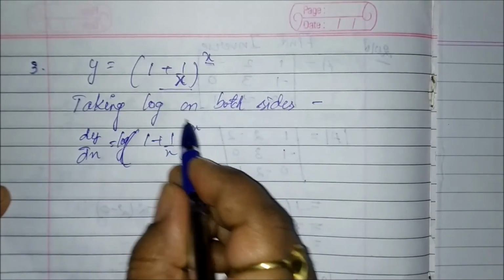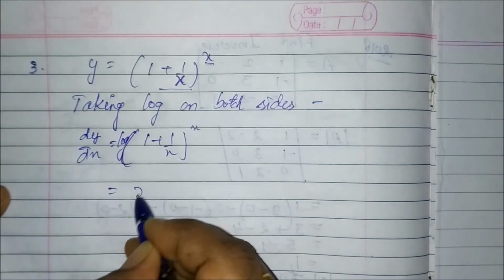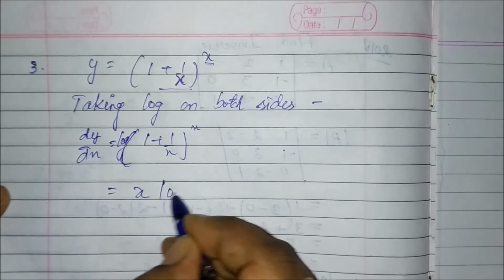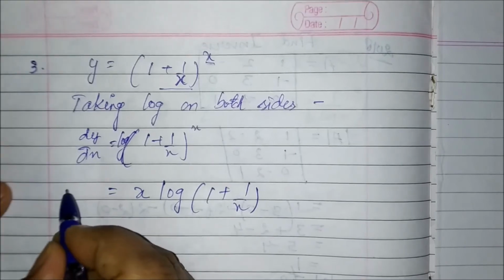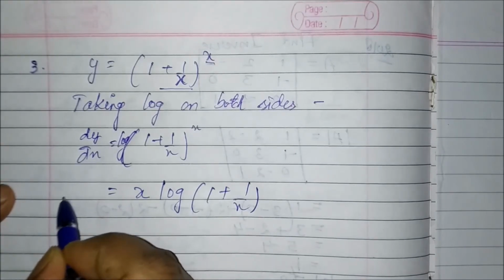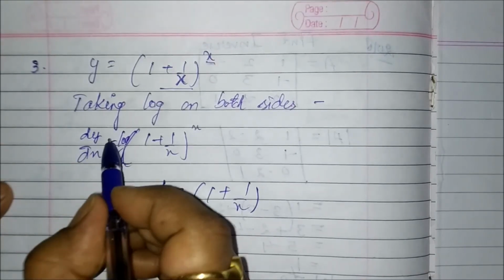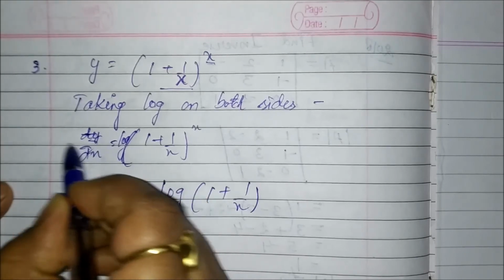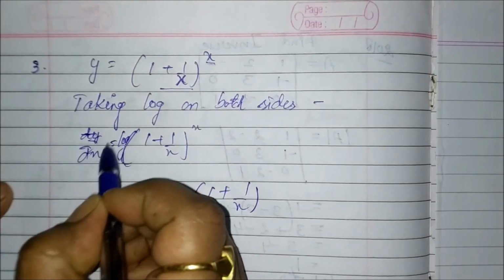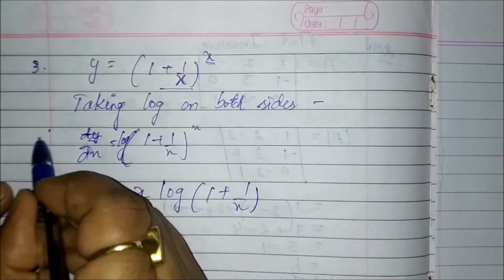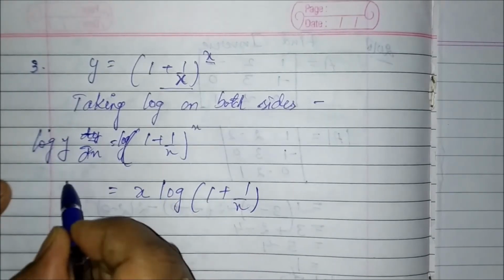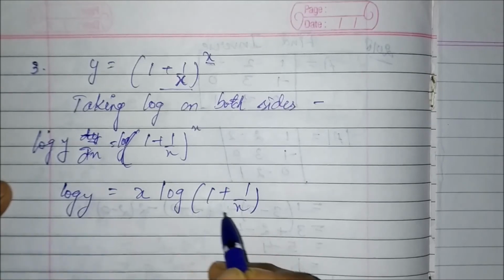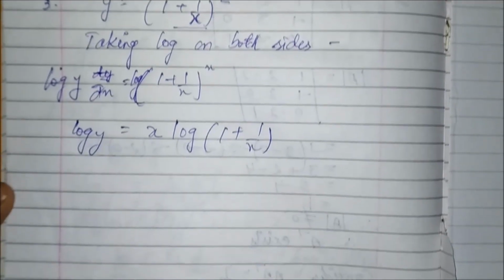So this x will come before the log. So we write x log (1 plus 1 by x). Okay, and here we have to take log: log y equals x log (1 plus 1 by x).